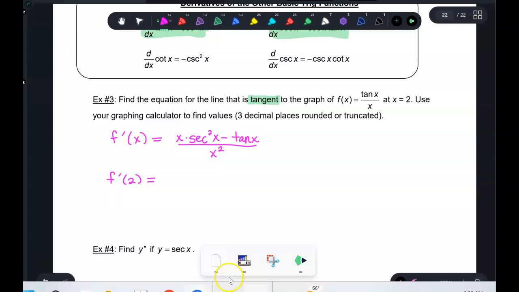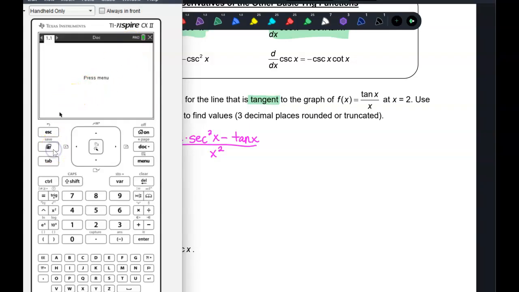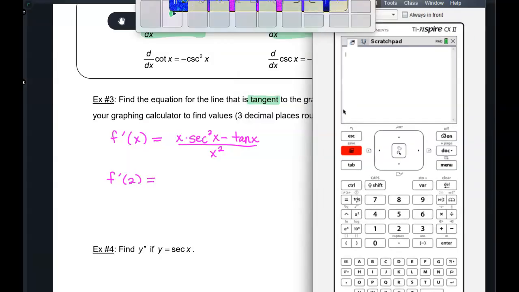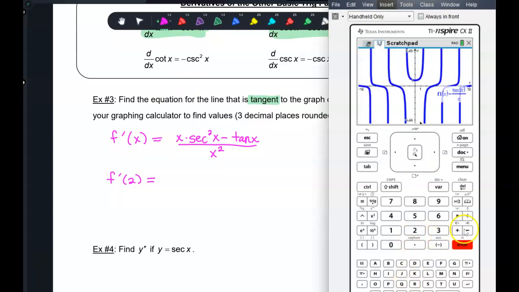Make sure your calculators are in radians. You should be able to plug this into the graph and also figure it out. So if you had it in your graph and you put in tangent of x over x, remember, we're just finding the derivative at a point.